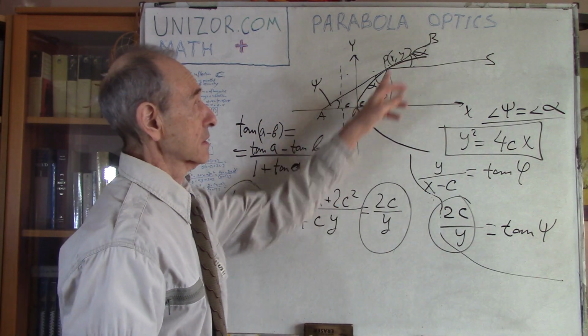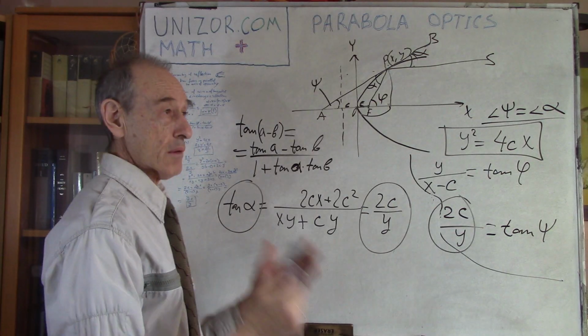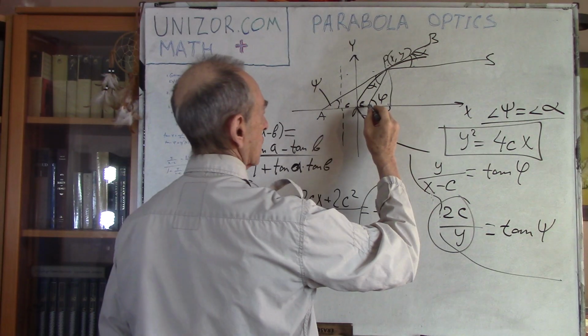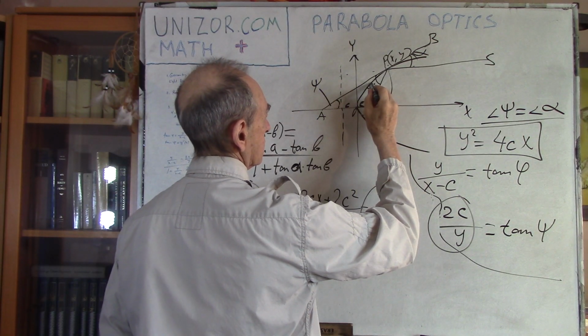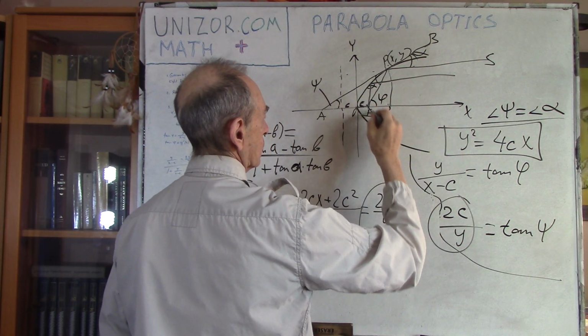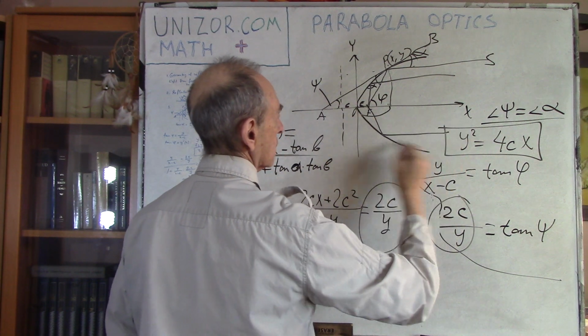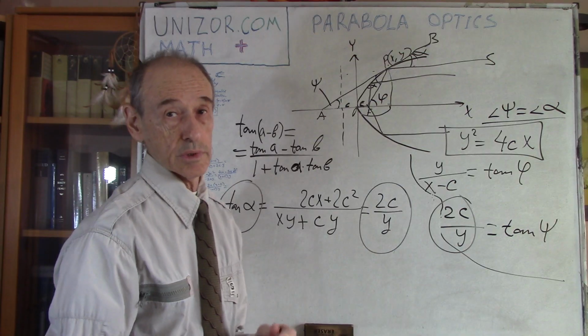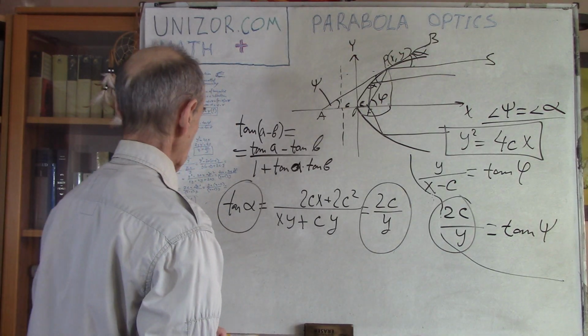And that's independent of x and y. So parallelism is independent of the point wherever the ray of light actually goes. It will be here, it will be here. If you put it here, it will be here. It's all parallel to the x-axis, to the axis of symmetry.